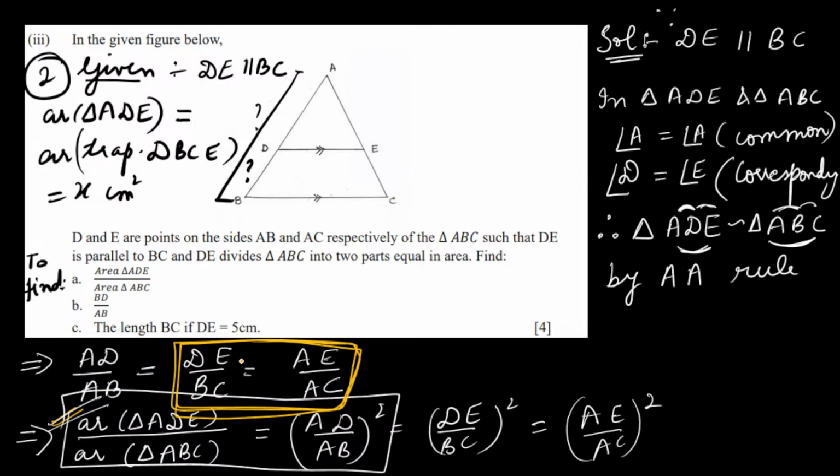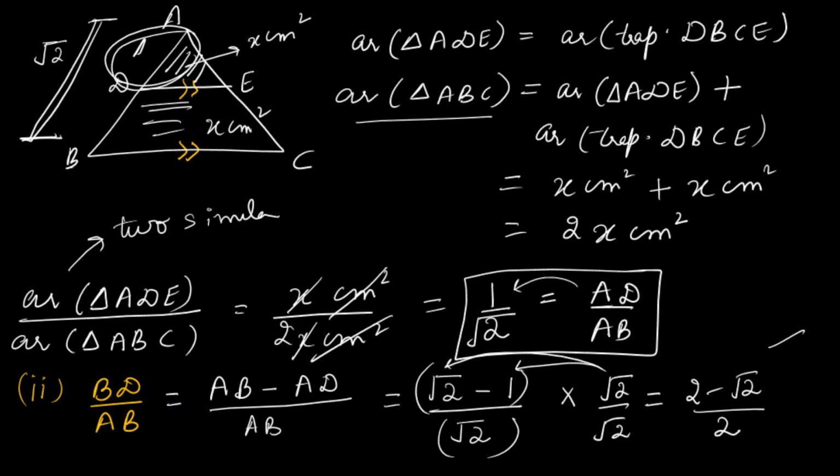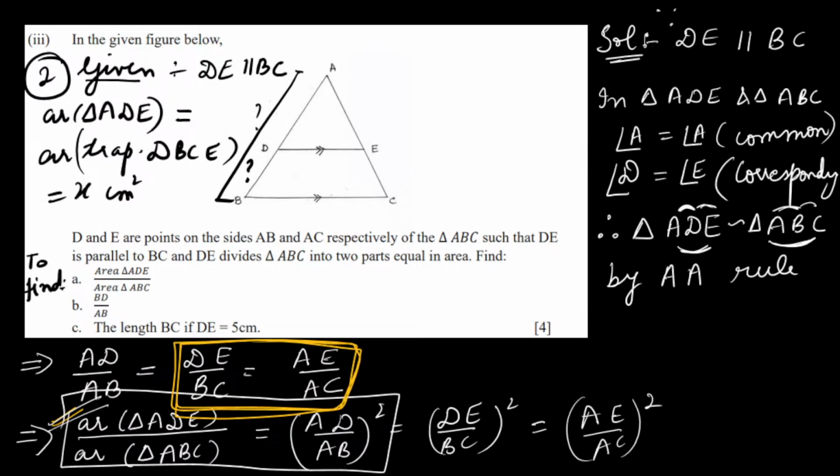Now I'll make use of this part. DE by BC is equal to AD by AB, because we don't have AE and AC.